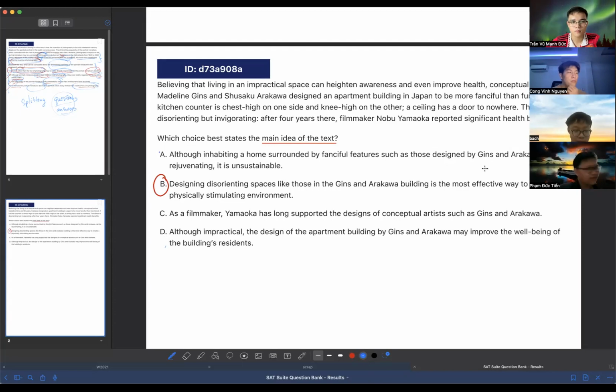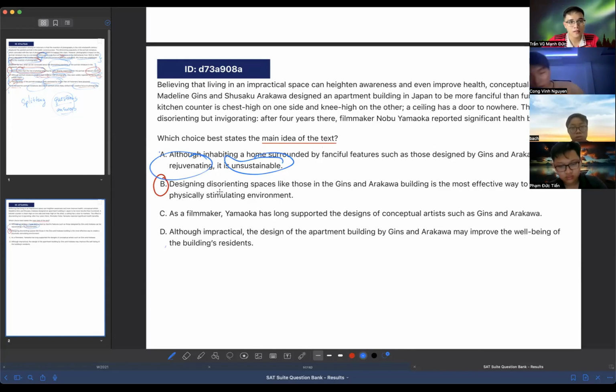Most important thing about A is fanciful features, unsustainable. Yes, it is unsustainable and rejuvenating. These are the most important things about option A.